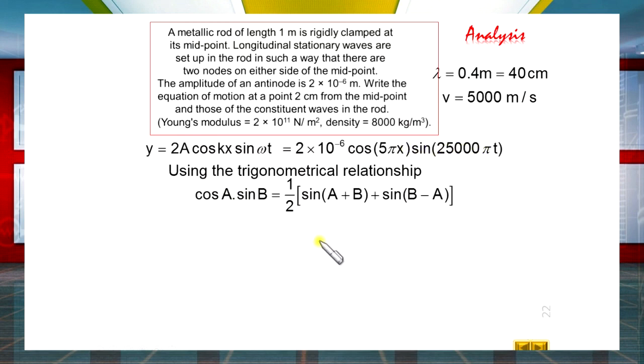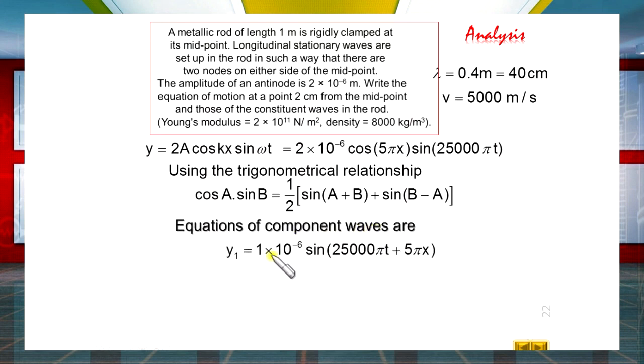So the equation of the component wave y1 should be equal to 1 into 10 to the power minus 6 sine (25,000 pi t plus 5 pi x). This is omega t and this is kx. And the second constituent is y2, equal to 1 into 10 to the power minus 6 into sine (25,000 pi t minus 5 pi x).